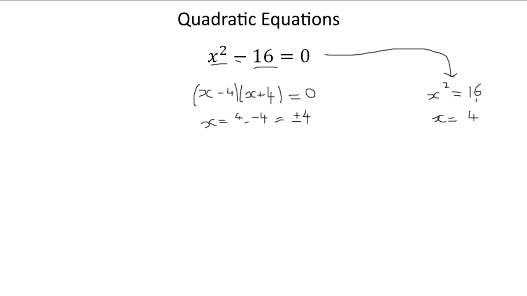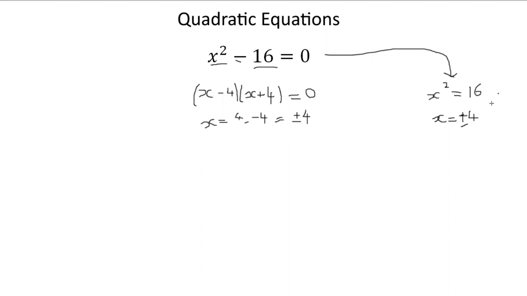In fact, minus 4 also gives you 16, because minus 4 times minus 4 is 16. So if you square root both sides, you have to remember to add the plus minus sign, or you can just write it as 4 and minus 4.